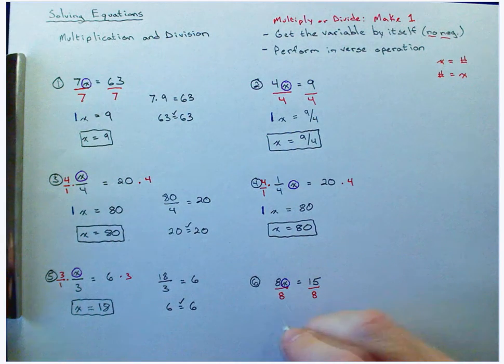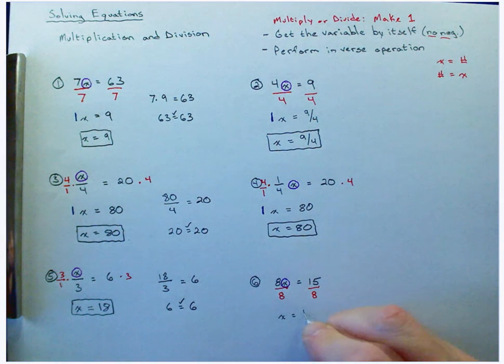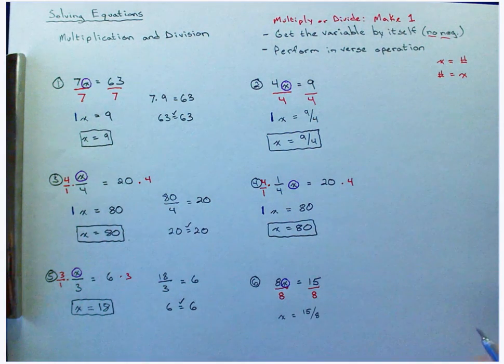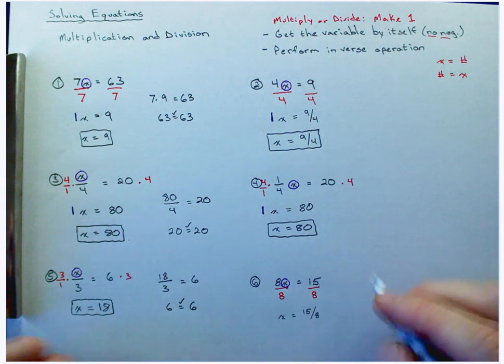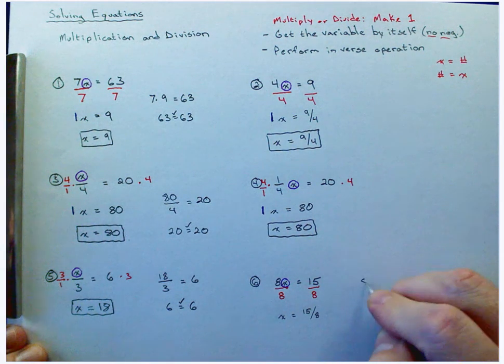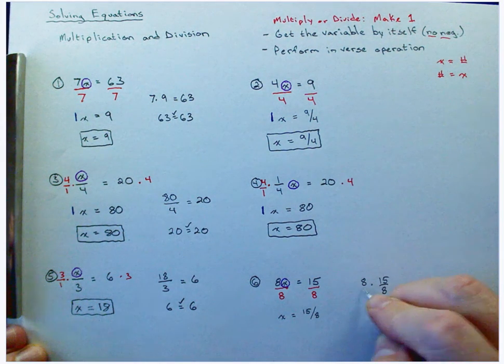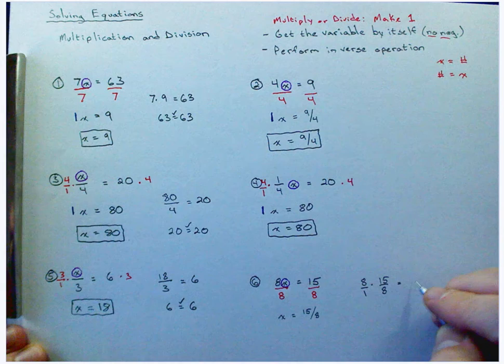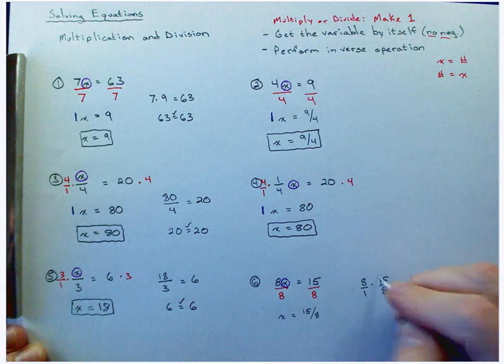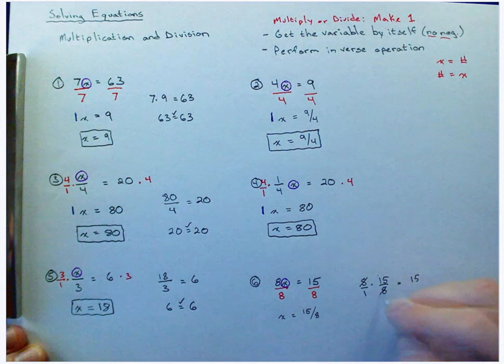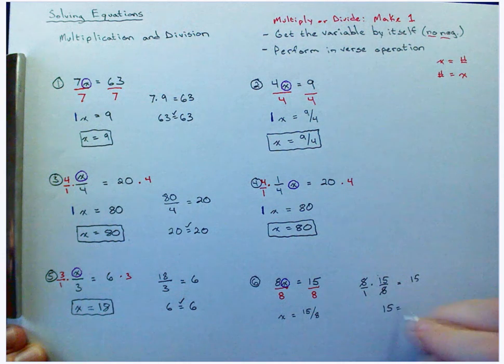And this leaves me with x equals 15/8. If I go ahead and evaluate, I say 8 times 15 over 8. So I'm just going to make that 8 over 1. And that should equal 15. My 8's will cancel. I'm left with 15 equals 15.